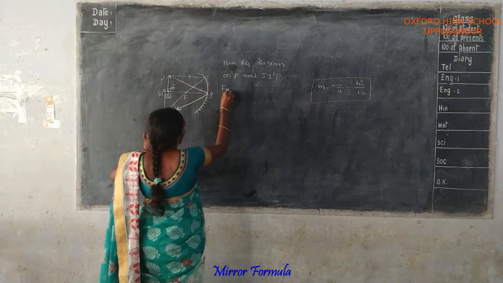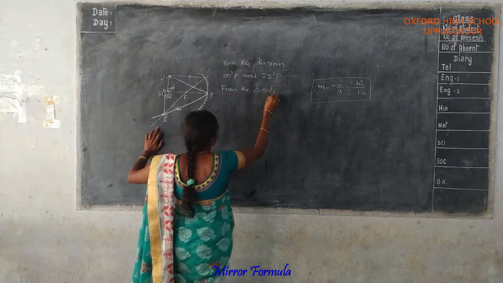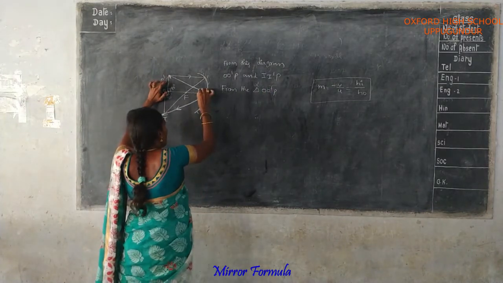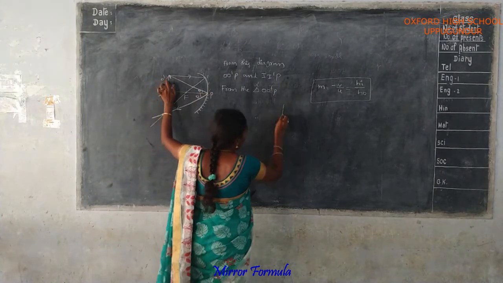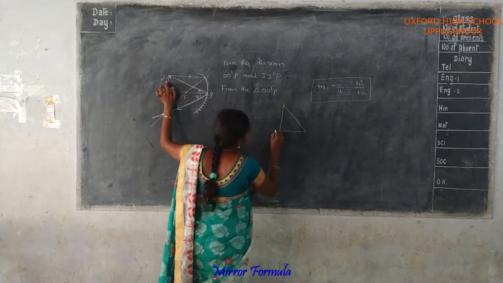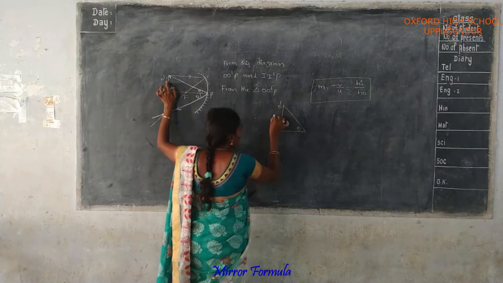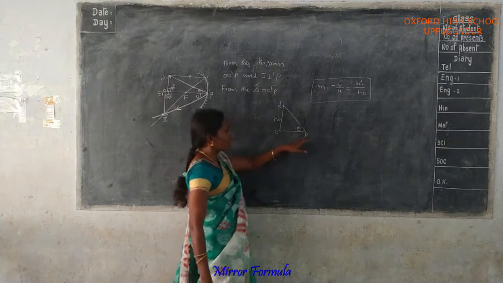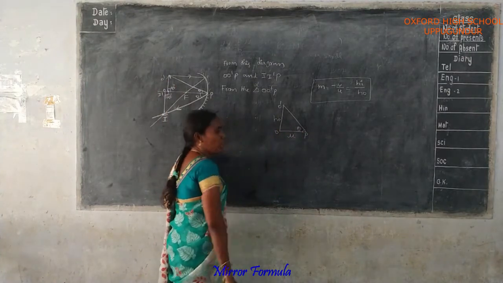Right angle triangles means they make a 90 degree angle. Here also it makes a 90 degree angle. In triangle O dash P, here it makes theta angle, and it will also make an equal angle in the other. Here theta, and this represents object height ho. The distance from pole to object is called the object distance. It is represented by u.